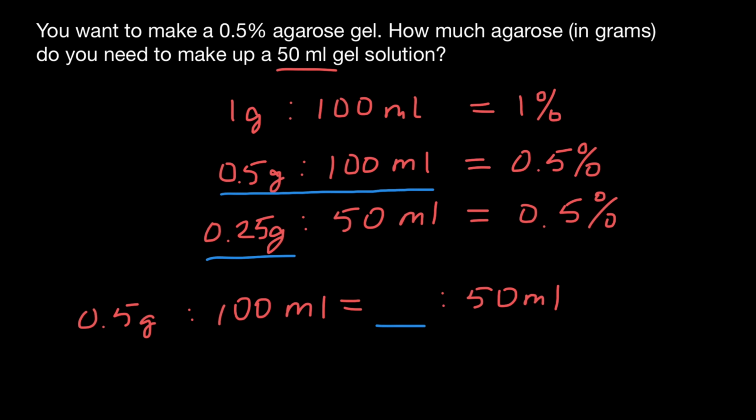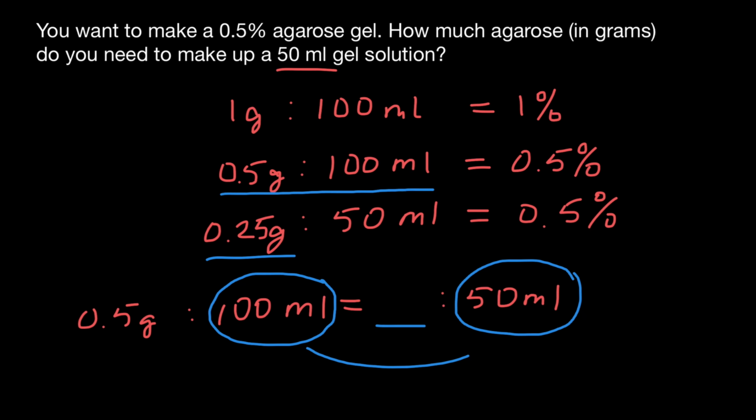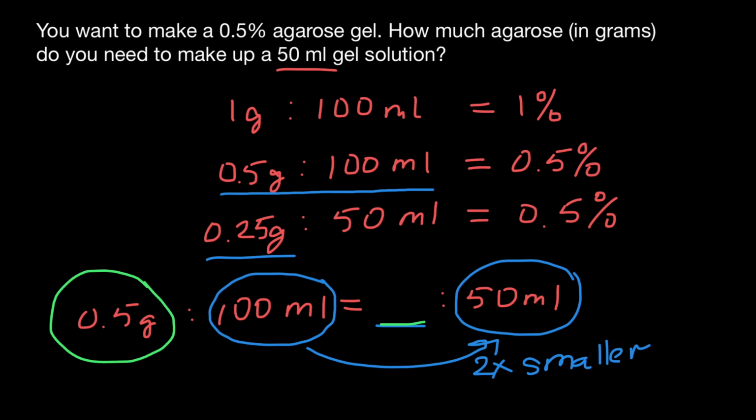And for example, if in the right ratio this number is twice smaller than this number, we're comparing milliliters to milliliters, and if we know that this number is twice smaller, then this number in this ratio also has to be twice smaller than in this ratio in order for the proportion to be equal. This number here has to be twice smaller than this number, and this is going to be 0.25. So now we have an equal proportion.